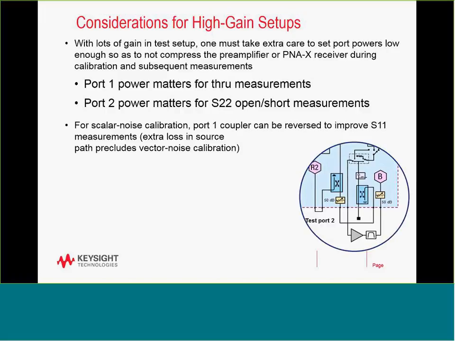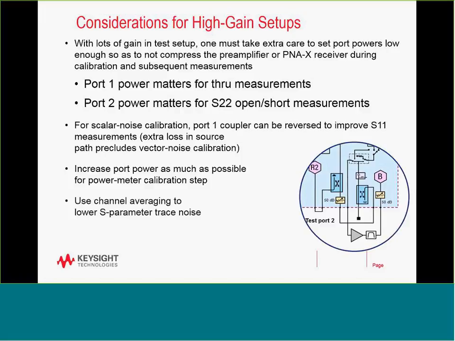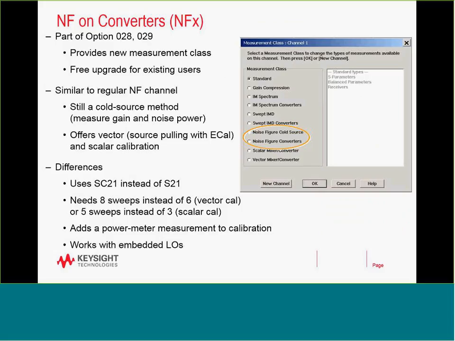So if the gain measurement has ripple in it, the noise figure will also have some ripple in it. You have to be very careful in making sure that the total power going to the device at the port to measure the S22 is good enough so that we don't have too much noise in that measurement. Averaging is going to help with the trace noise in making those parameter measurements.